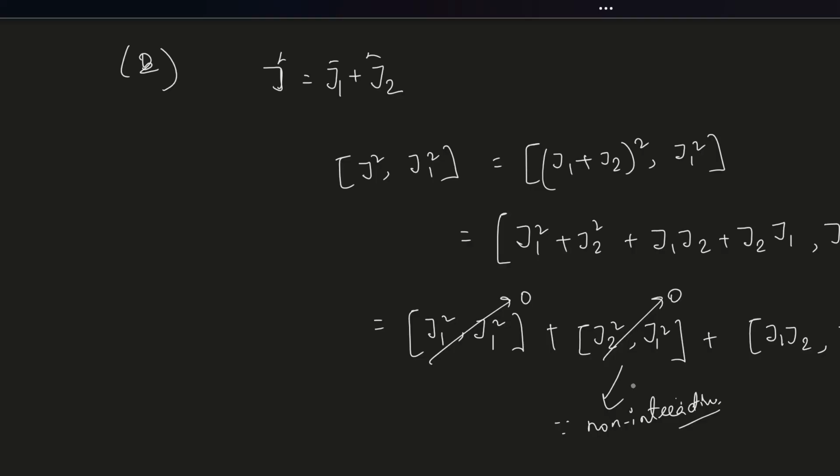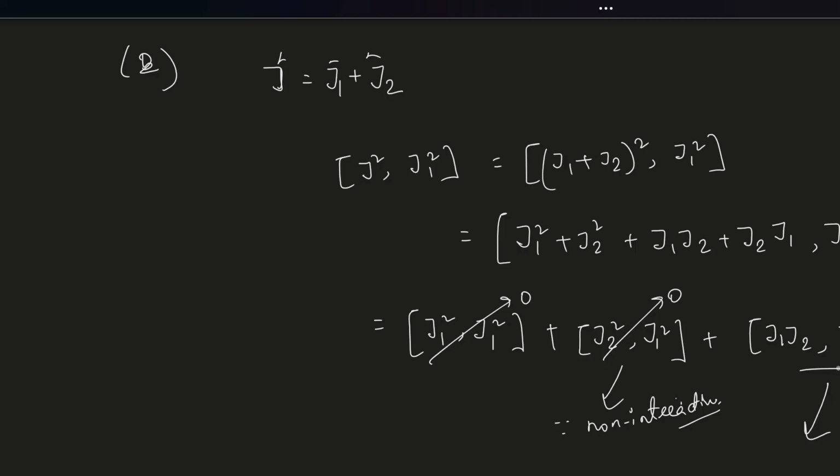So we know that a commutator bracket of a variable and a constant will give you 0. So in that sense, even if both are different operators, because they have no interaction with each other, as if with respect to one, the other is like a constant, so you can take this part to 0.